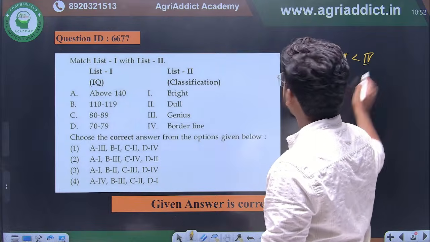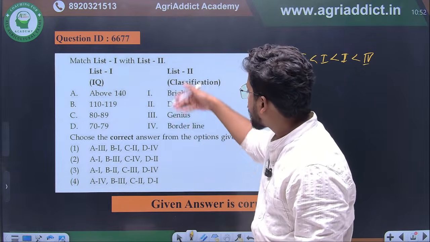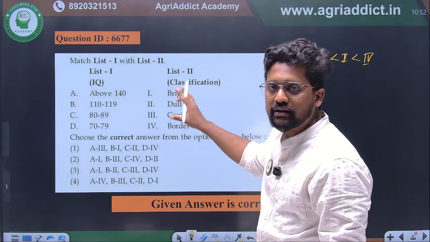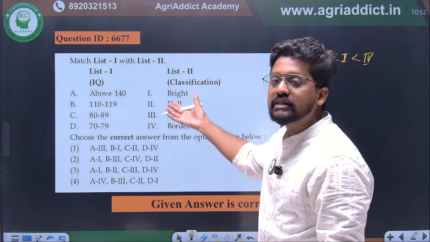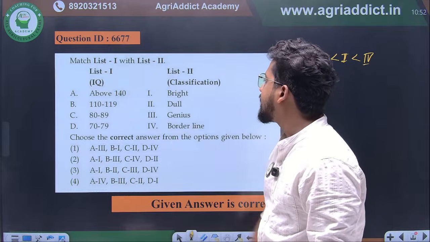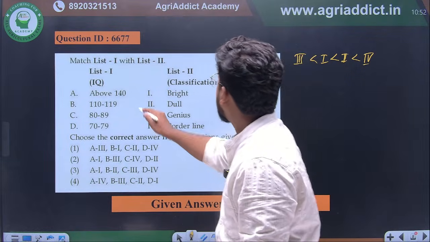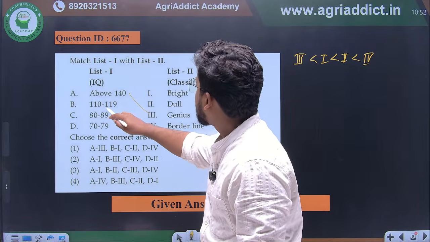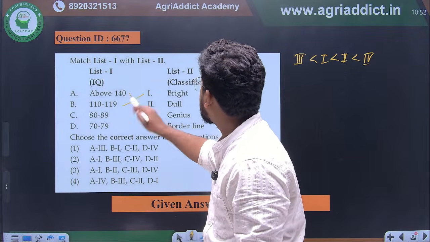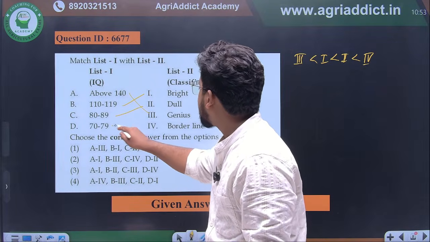Even if you don't know the numbers, you can go with the classification, if you are familiar with the classification idea, then it is much easier. So above 140 it will be genius, then 110 to 119 it is bright, 80 to 89 it is dull, 70 to 79 it is borderline.